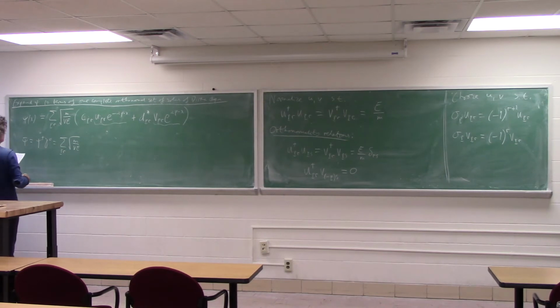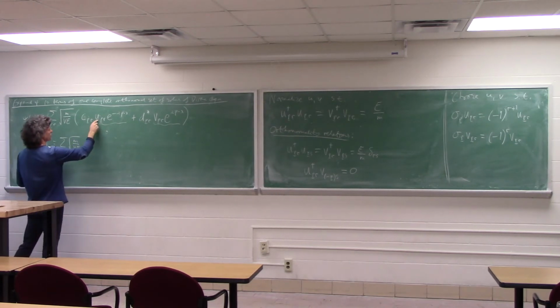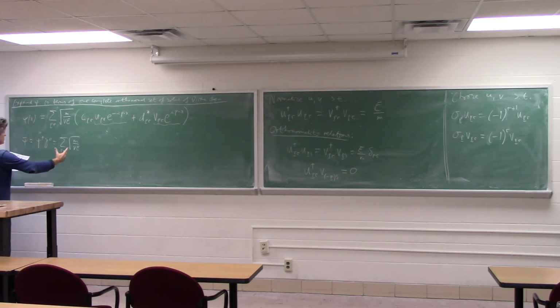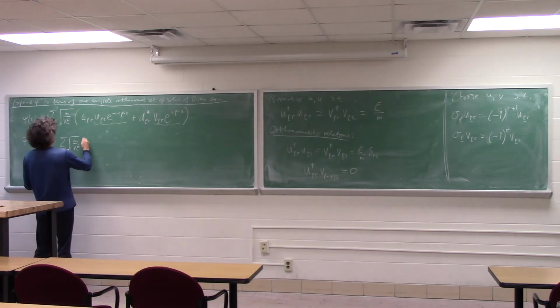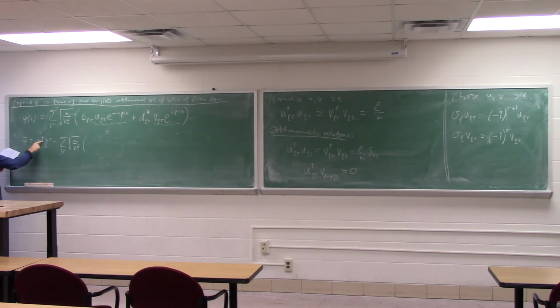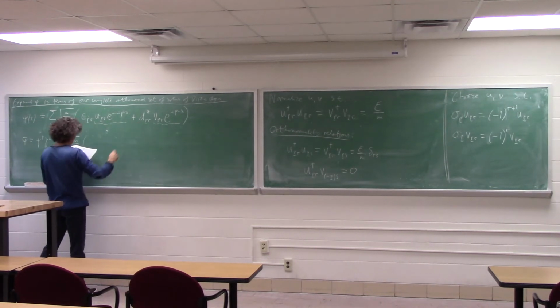If I take the Hermitian conjugate, these 4-component spinors become row vectors, and I multiply from the right by the gamma matrix, the 4x4 matrix. And then of course, when I take the psi dagger, I also take the complex conjugate. So these coefficients become complex conjugated.